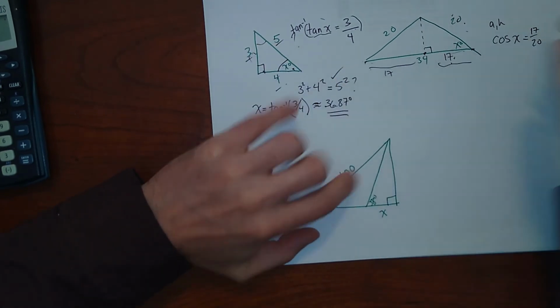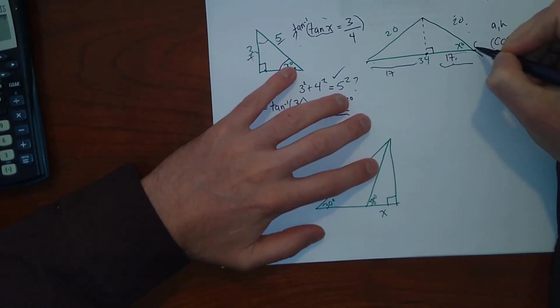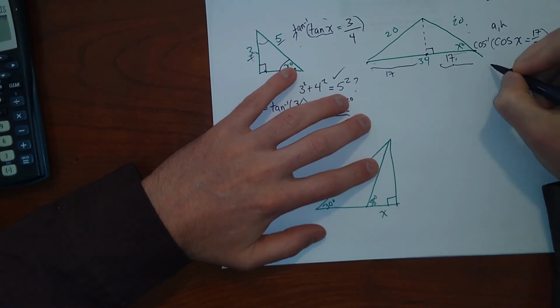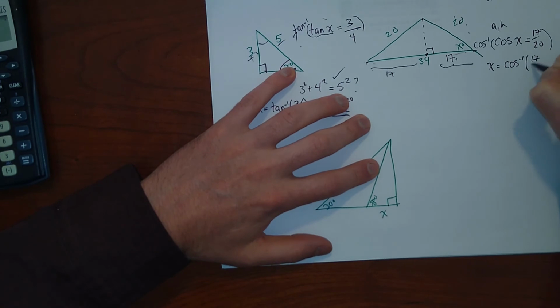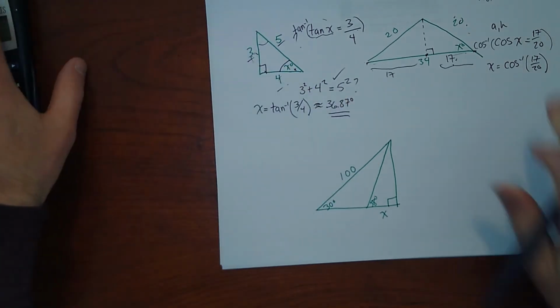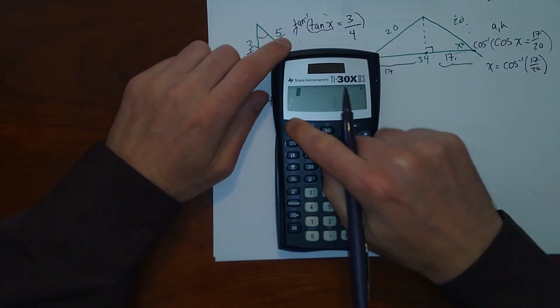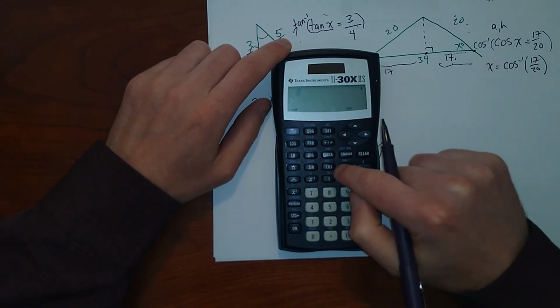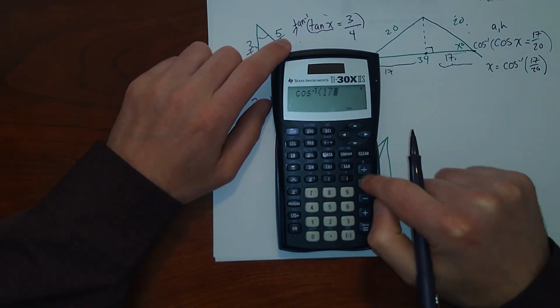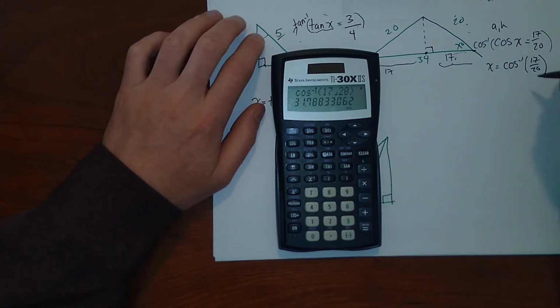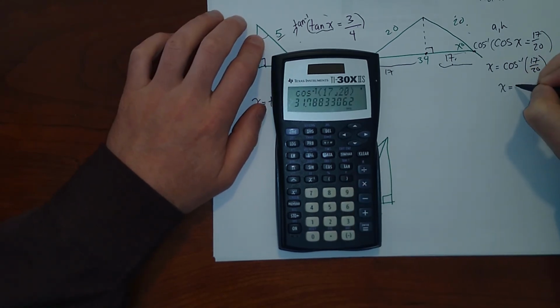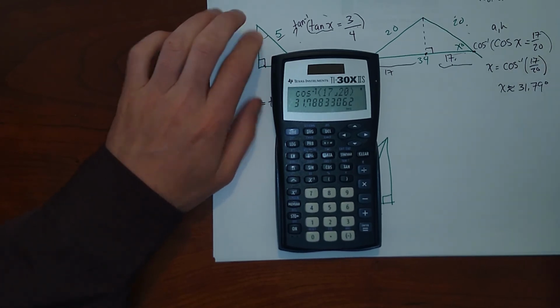Okay, and just like with the tangent here, I now need to take the inverse cosine of both sides, which leaves me with this. And when I do this operation, I find that that angle is approximately 31.79 degrees.